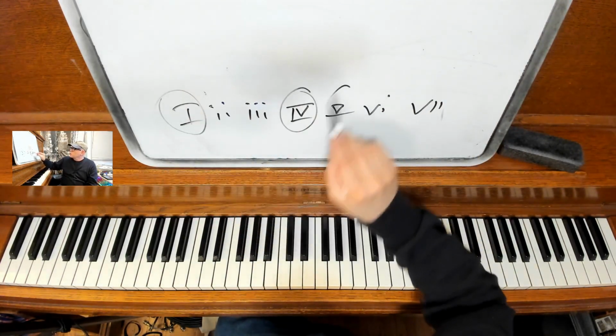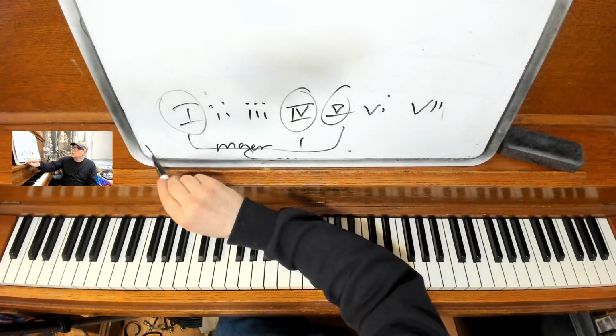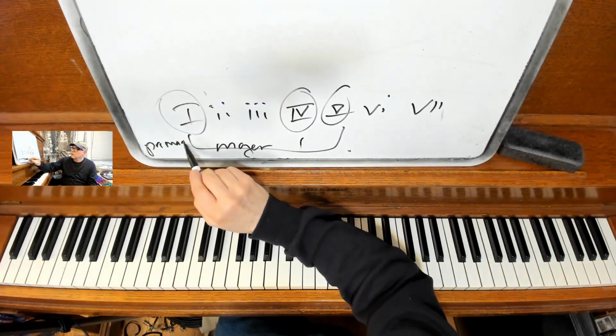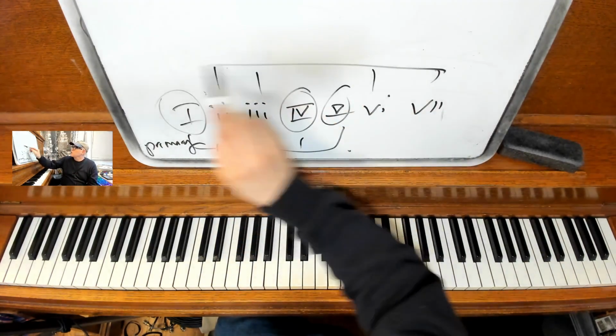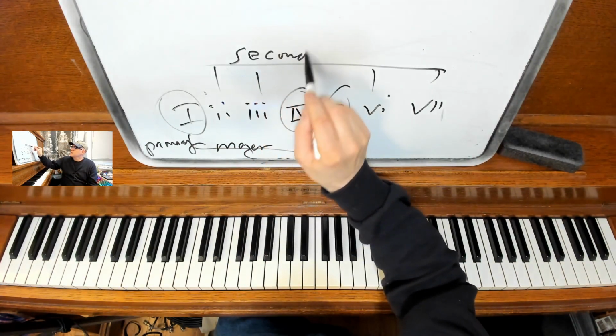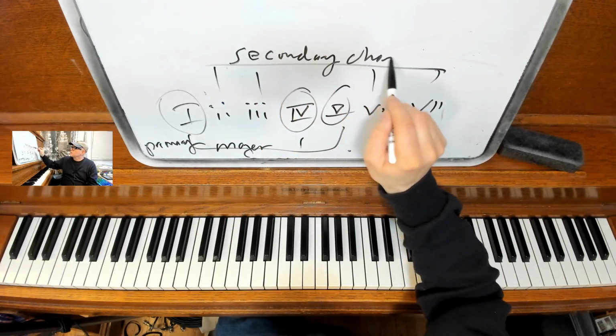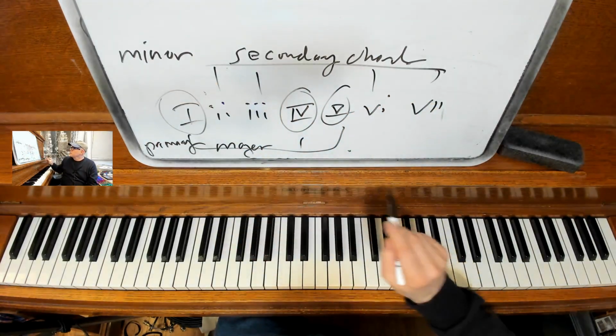The uppercase Roman numerals are the major chords. Those are the primary chords. And the lowercase Roman numerals are referred to as the secondary chords. Those are mostly minor, with one exception.